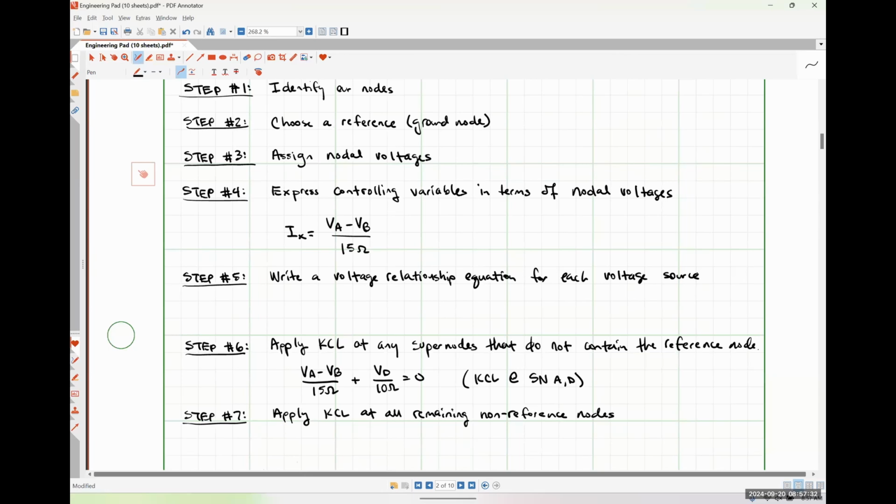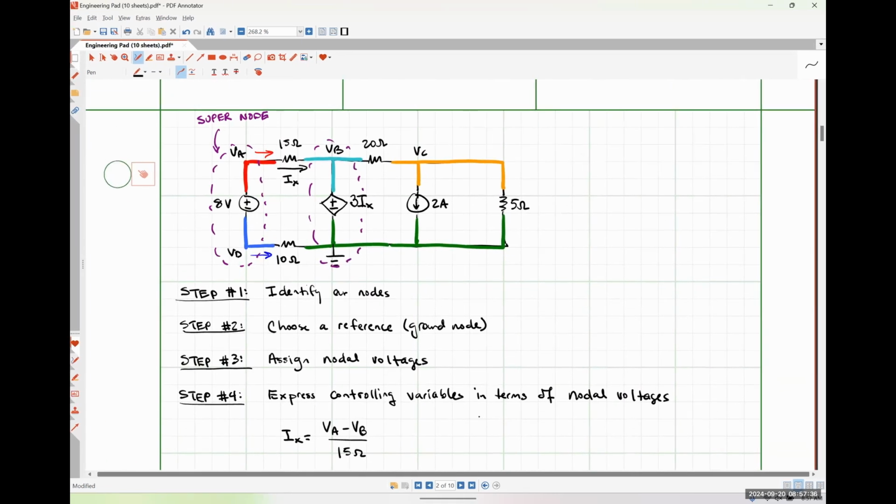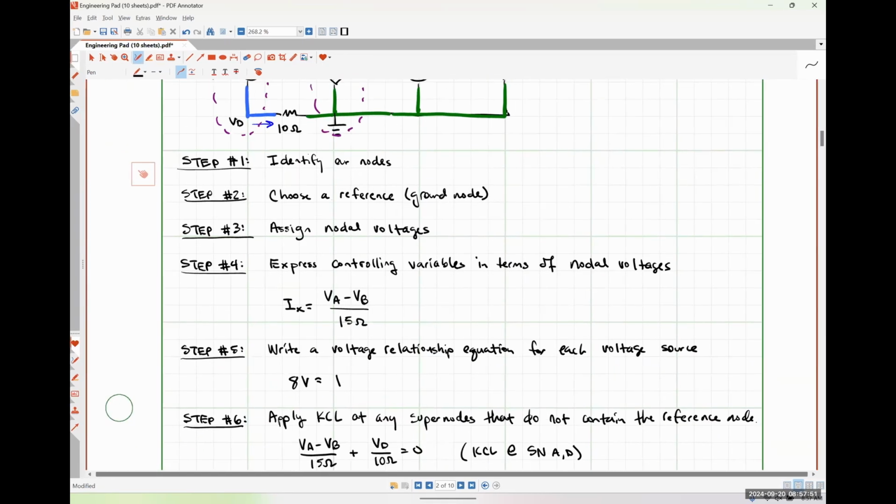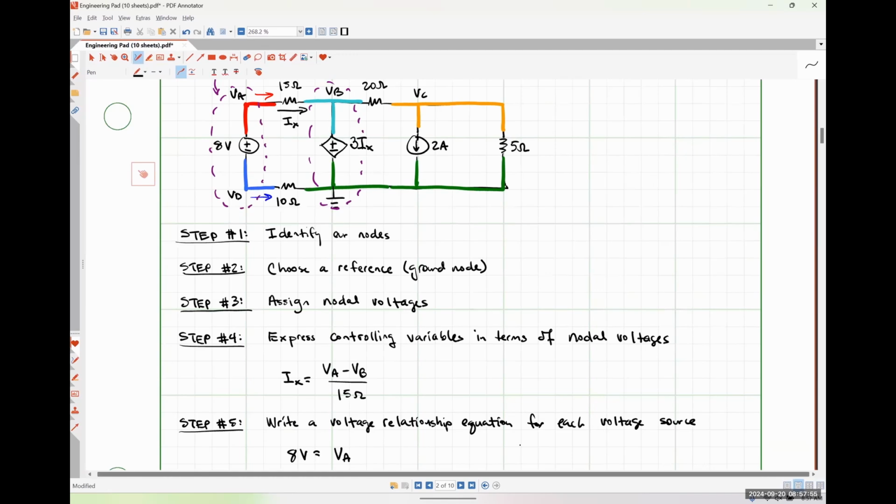So let's start with our 8-volt source. And we'll talk our way through how to write this voltage relationship equation, which we actually already know how to do. Which nodal voltage is at the positive polarity terminal of our 8-volt source? VA. Which nodal voltage is at the negative polarity terminal of our 8-volt source?